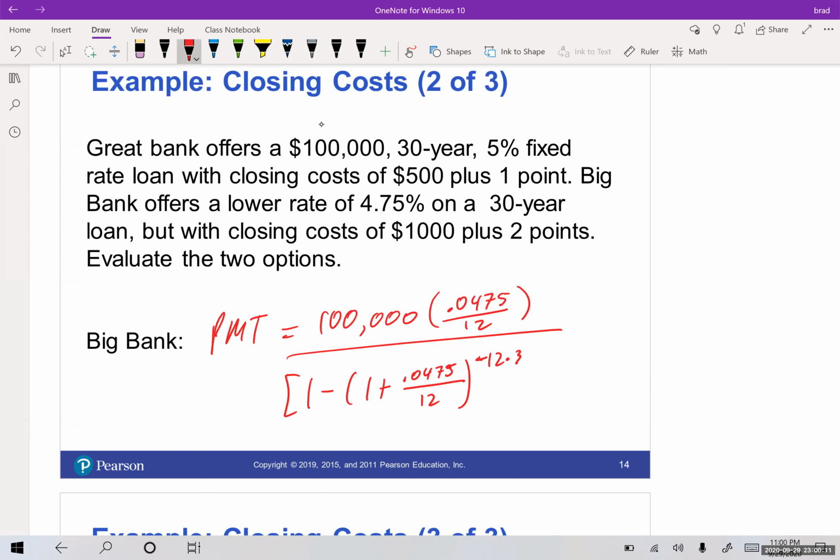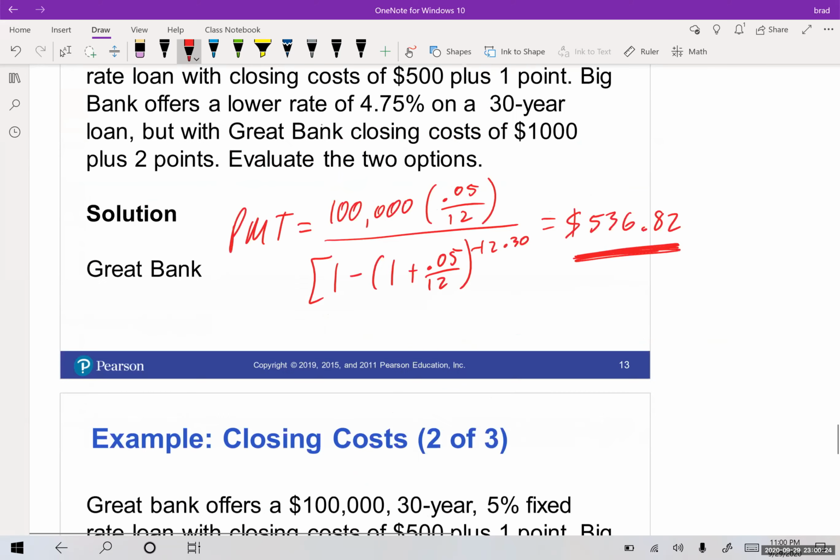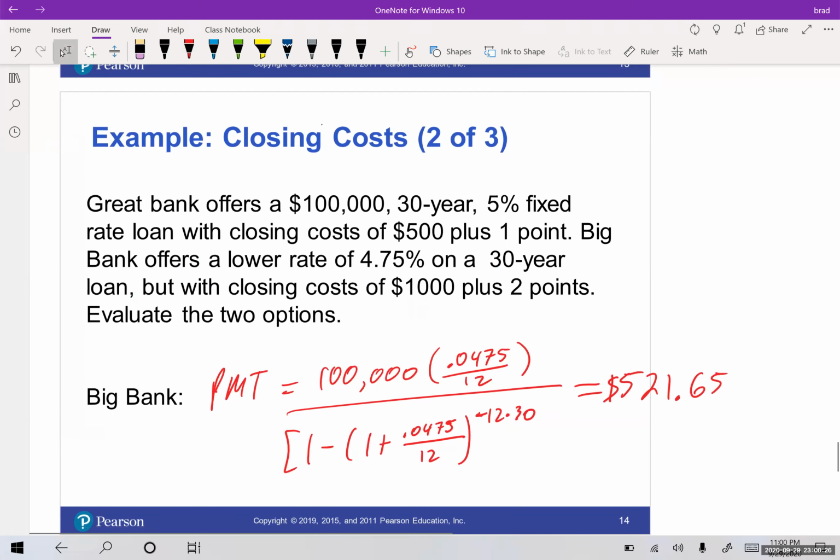Sorry, times 30. So pause the video and see what you get for this one. Okay, so you unpaused and hopefully you got $521.65 if you round off. So this one's about $15 a month cheaper.